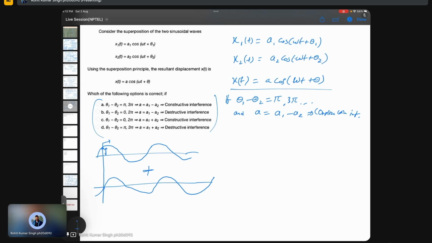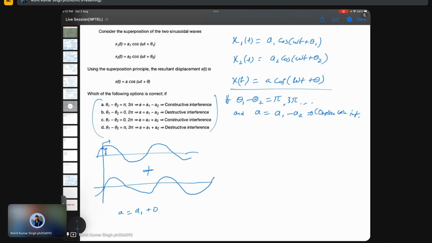So when you add them up, the new amplitude will be just equal to a1 plus 0.